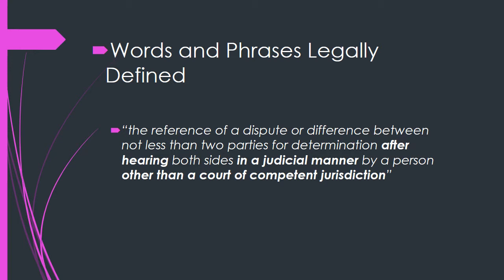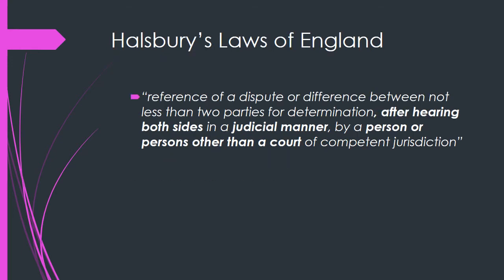Brown and Marriott say fair hearing, equitable decision, and then it talks about a person other than a court. Brown and Marriott specify an arbitrator. So you can see some of the features are also here, but again, not as many as Brown and Marriott. Very short, to the point. Reference of a dispute or difference between not less than two parties for determination after hearing both sides in a judicial manner by a person or persons other than a court of competent jurisdiction.